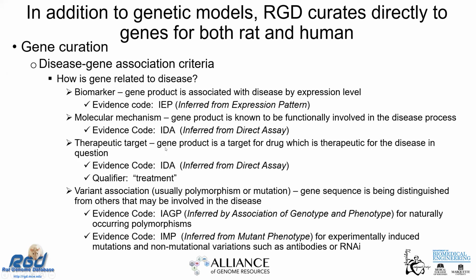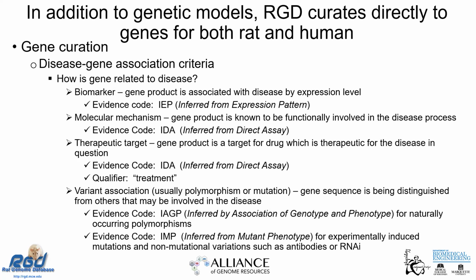We do annotations for therapeutic targets where the gene product is a target for the drug, which is therapeutic for the disease. This can be an IDA evidence code. Actually, it's more commonly an IMP, so inferred from mutant phenotype evidence code, because very often they're using inhibitors of the gene or the gene product to be able to show that it's a therapeutic target.